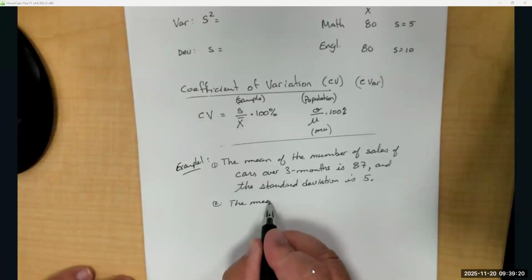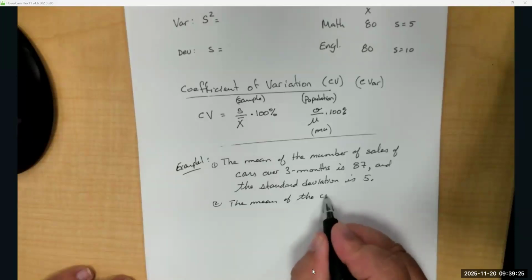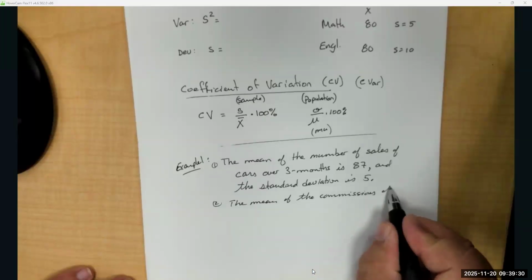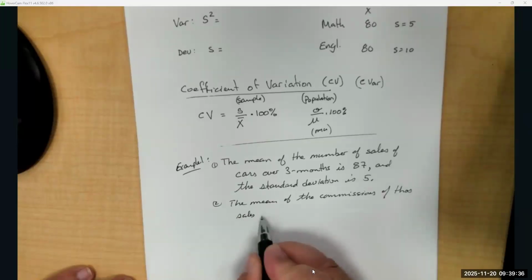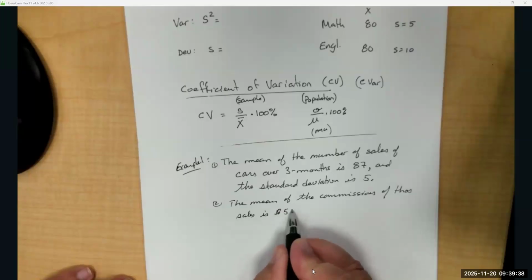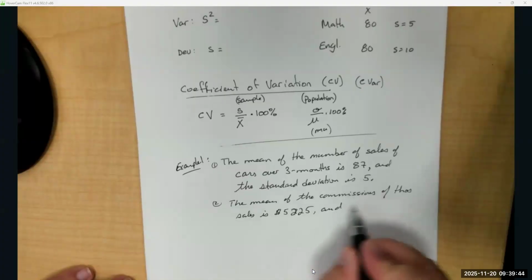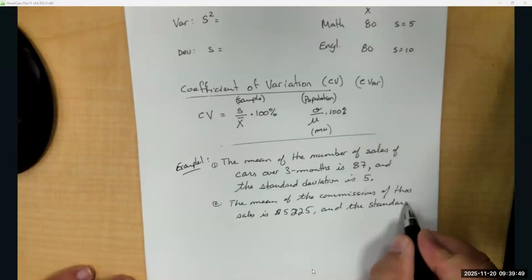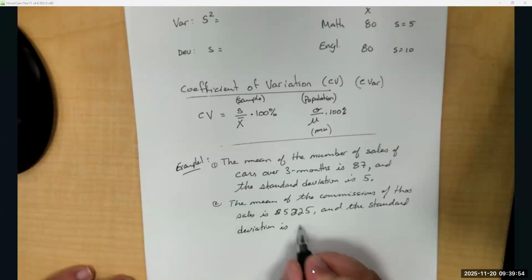The mean of the commissions on these sales is 5,225, and the standard deviation is 773.